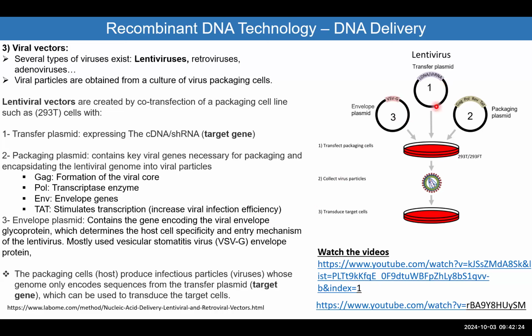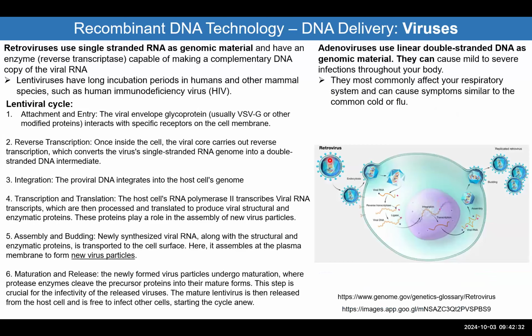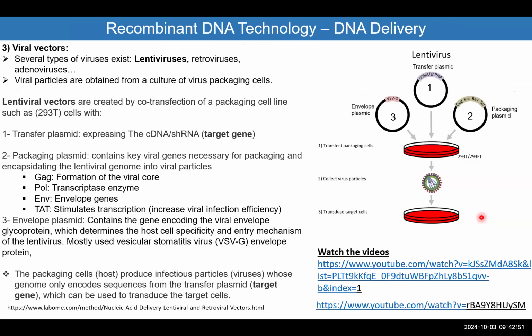Once we put all these 3 plasmids together into the same cell, that cell will act as if a whole virus came in and all 3 parts of the genome are integrated. When we transfect all 3 plasmids together, viral particles start to be produced.